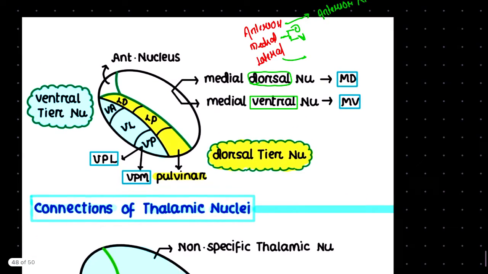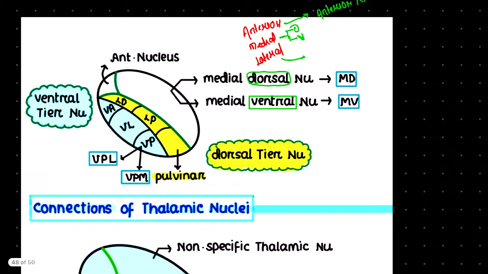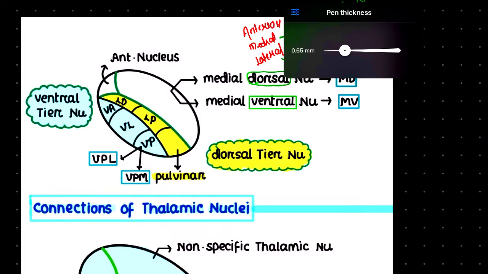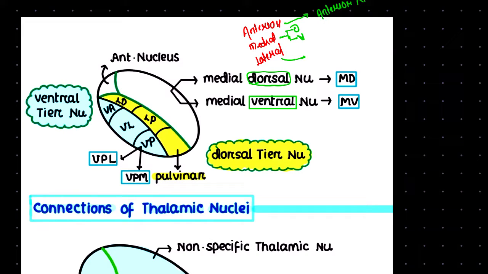While talking about the connection of thalamic nuclei, based on the connection we are dividing these nuclei into two parts. The first one is specific nuclei, and the second one is non-specific nuclei.